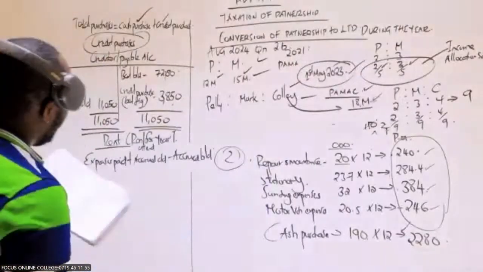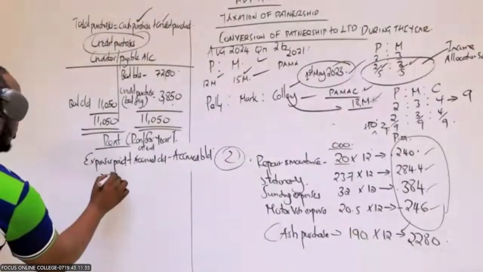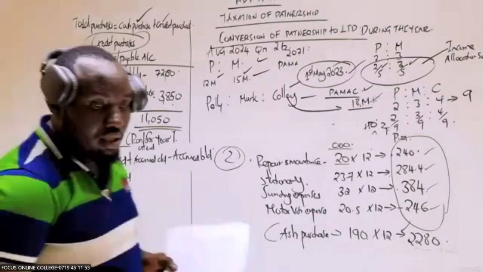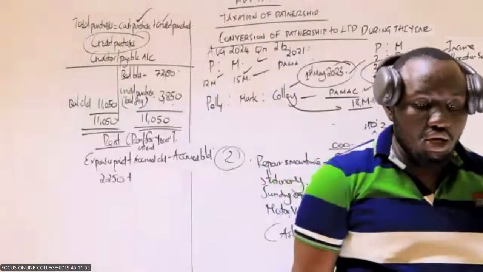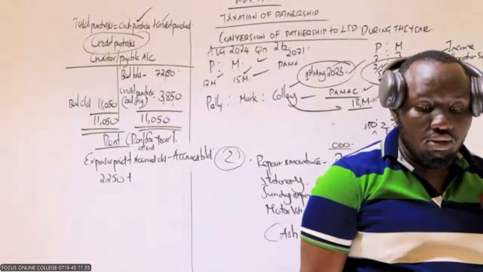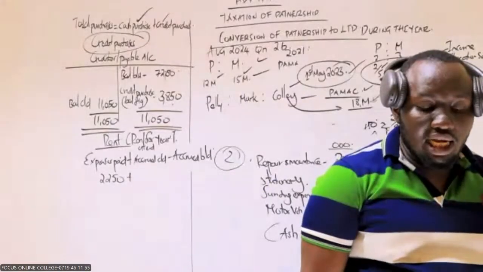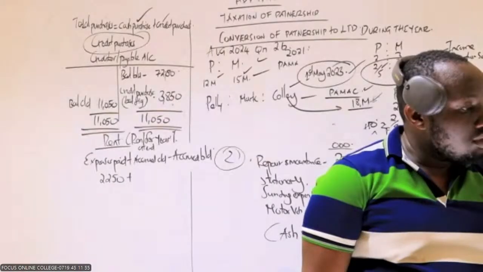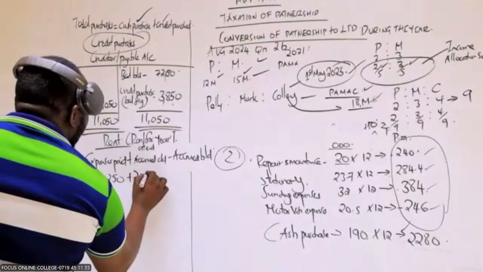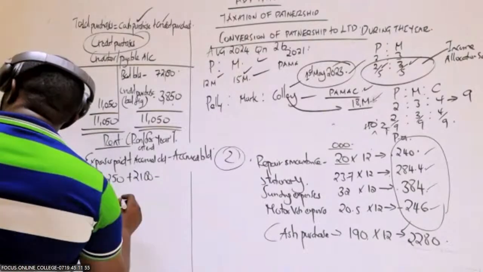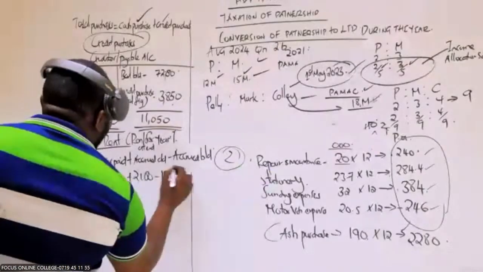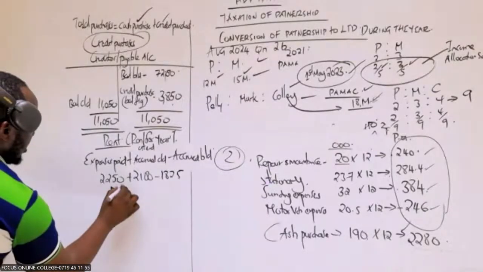In terms of rent, we have 22,50. What is accrual carried down? That's 21. We say plus 21 minus accrual brought down. That is 6, so rent should be 18,25. So what is the rent for the year?